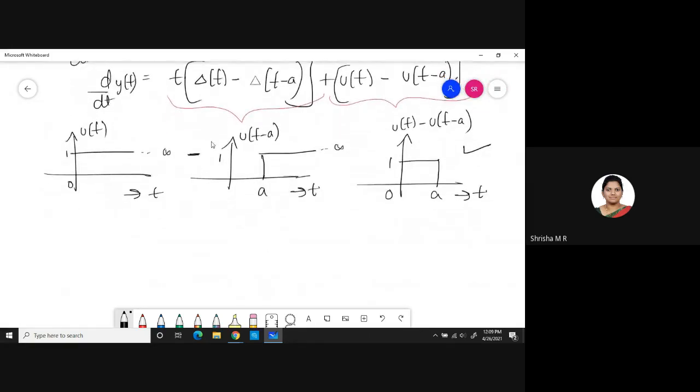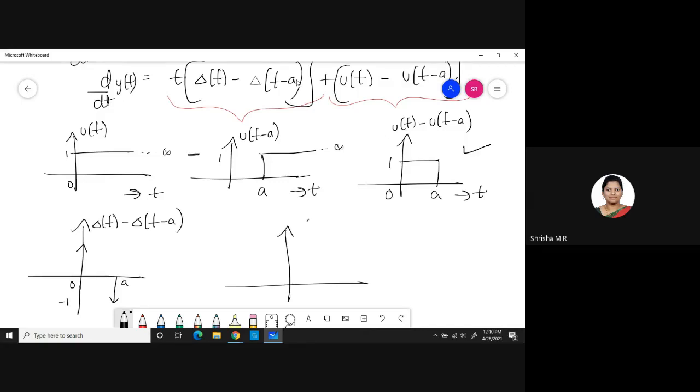So now you have u of t minus a, and we also plotted delta t minus a. How did that look? Delta t minus a was like this. Delta t existed at t is equal to 0 and delta t minus a existed at t is equal to a with an amplitude of minus 1. Correct? Now multiply with t. T into delta t minus a.